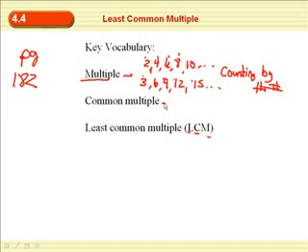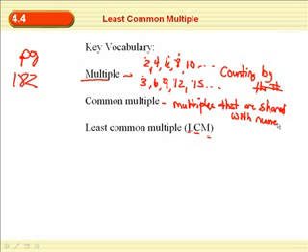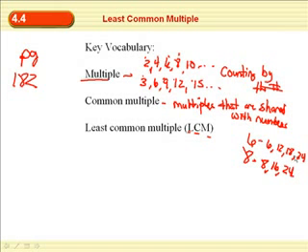Okay? Common multiple is also defined. It is multiples that are shared with numbers. For example, 6 and 8. If I count by sixes, 6, 12, 18, 24. 8's, 8, 16, 24. 24 would be called a common multiple because it's in both lists.